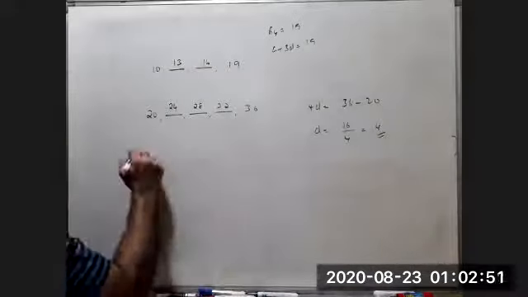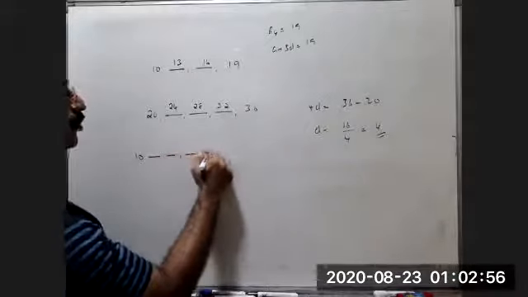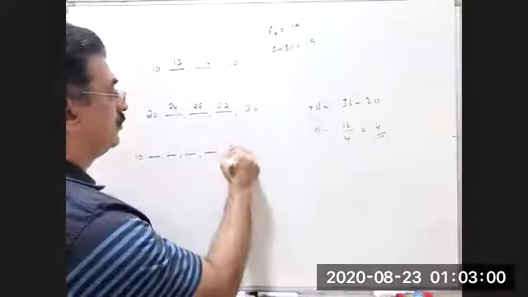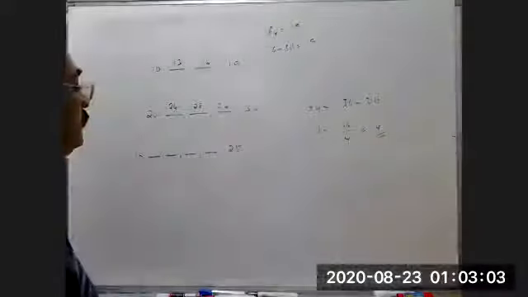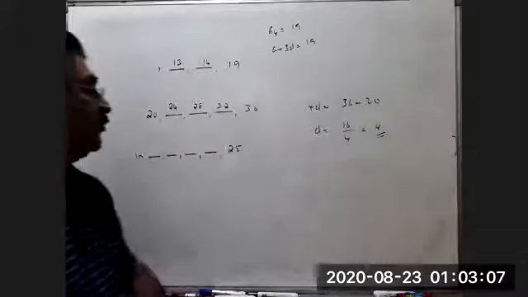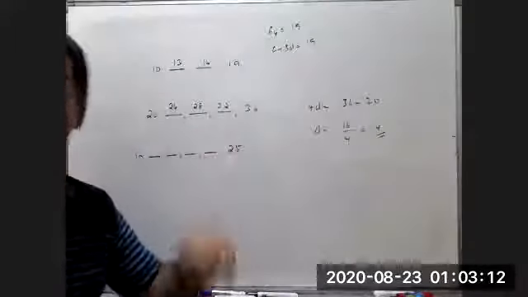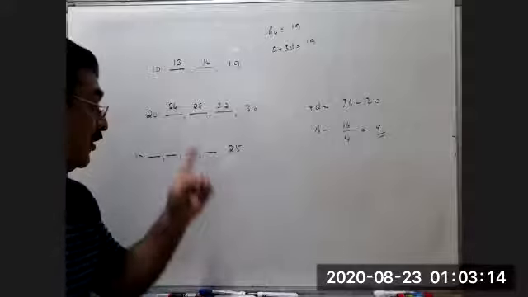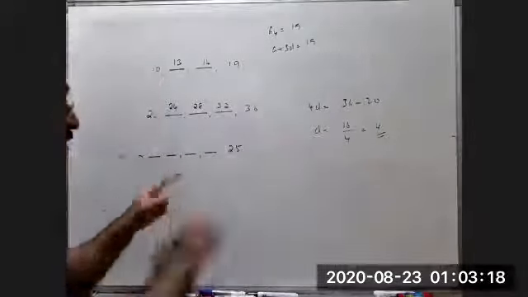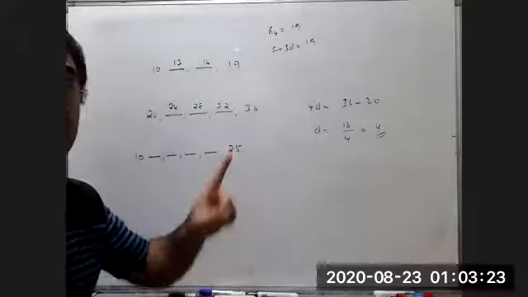Similarly, between 10 and 25, I need to insert 4 numbers. If I need to insert 4 numbers, there are a total of 6 terms, so the last term will be a plus 5d.